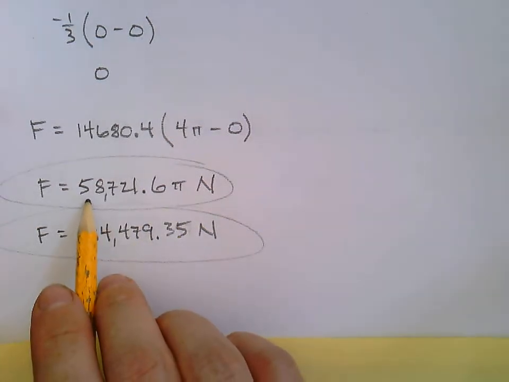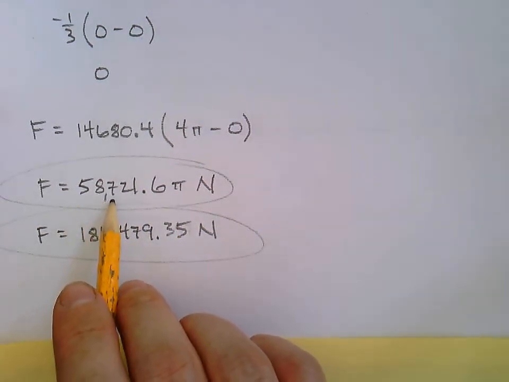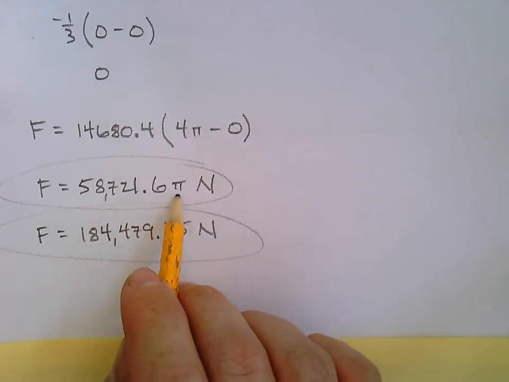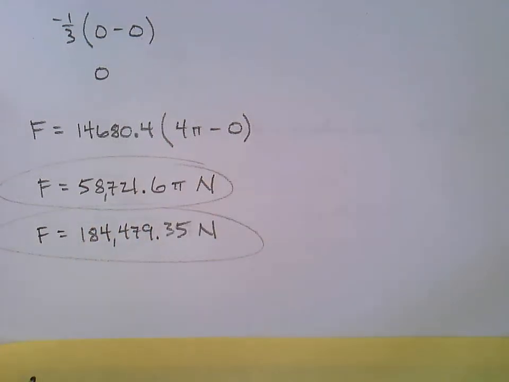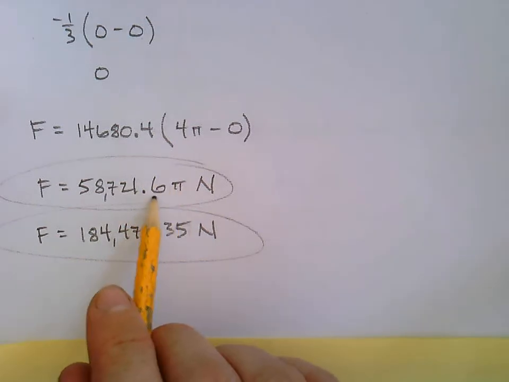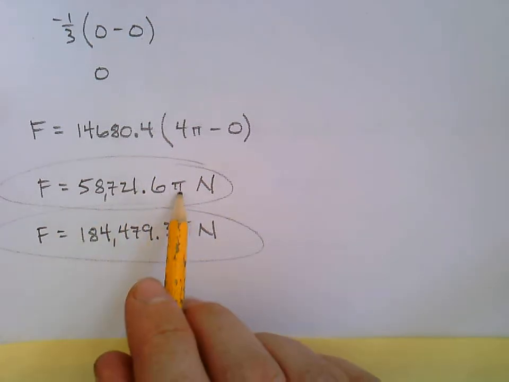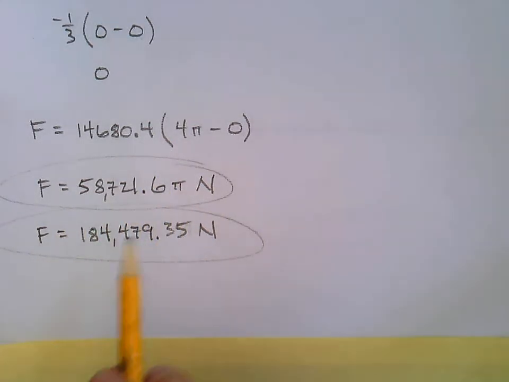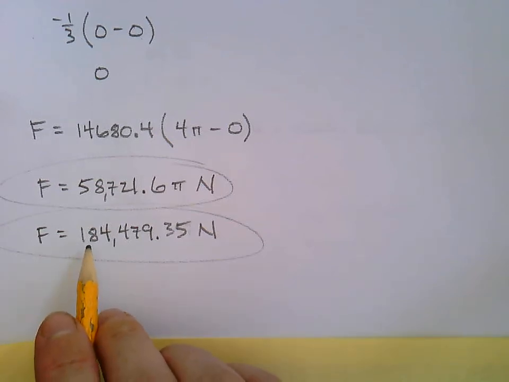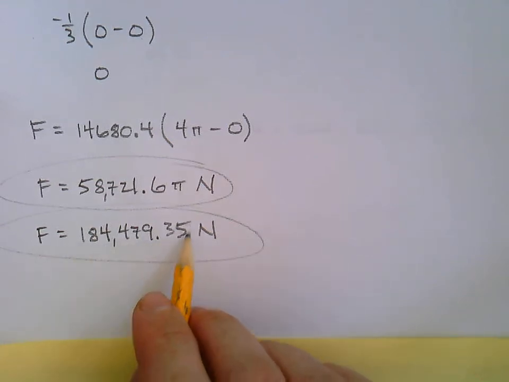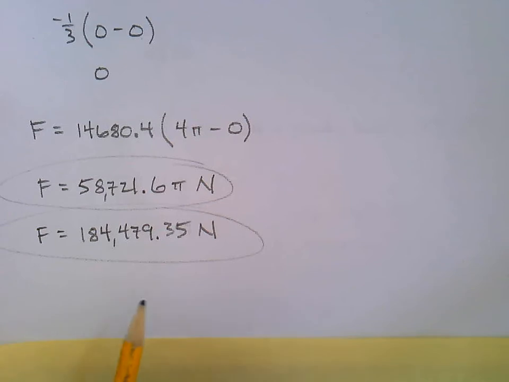Makes sense. And leave it as 58,721.6 pi newtons. Other people, you're like, well, if we're using a decimal, why not just multiply the pi in? And if you did that, it would be 184,479.35 newtons, rounded to 2 decimal places. Either way, perfectly fine with me.